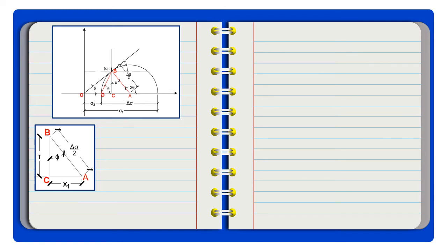So, as you can see, from triangle ABC, yung length AB, yun yung radius ng circle natin, which correspond to delta sigma over 2. Delta sigma over 2 siya kasi yung diameter ng Mohr circle natin is corresponding to a value delta sigma. So, ibig sabihin, kakalatiin lang natin yun, that will be delta sigma divided by 2.